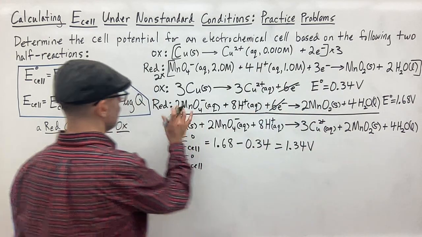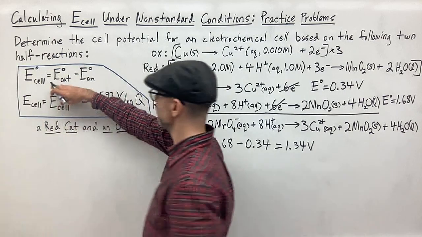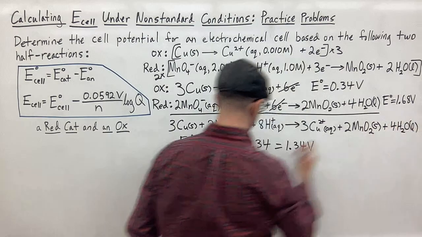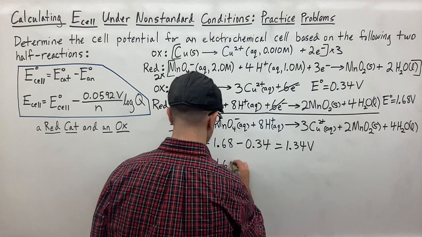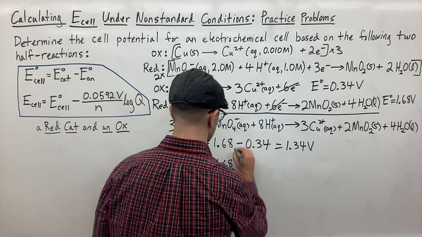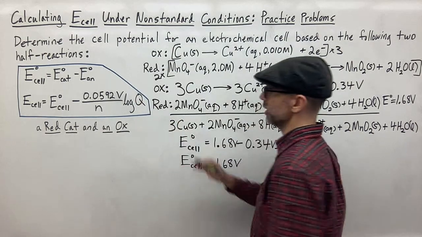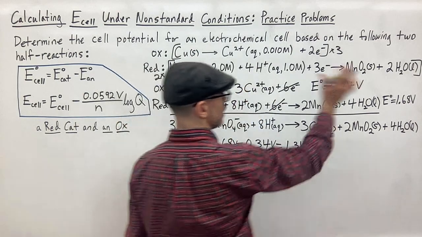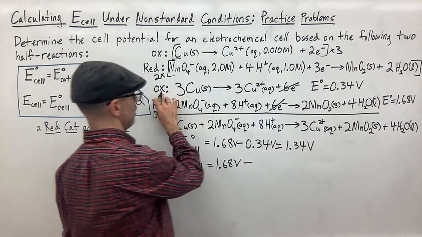So reduction happens at the cathode. So here I have cathode, so it's going to be this electrode potential first. 1.68 volts. These are volts. And I'm going to subtract the electrode potential at the anode, which is oxidation.